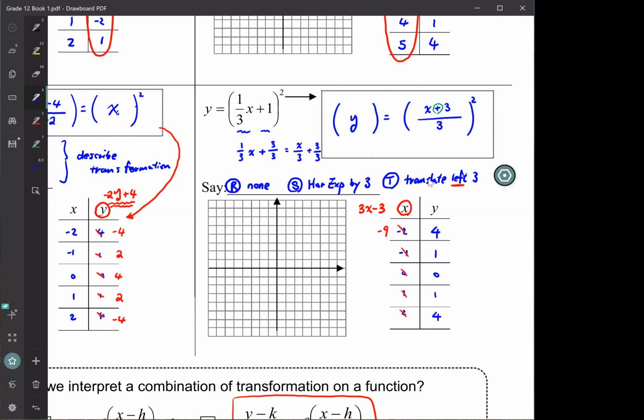After -9, what's next? What do you have? Okay, you take -1 times 3, what's that? -3. Okay, and then -3, what's that? 0.